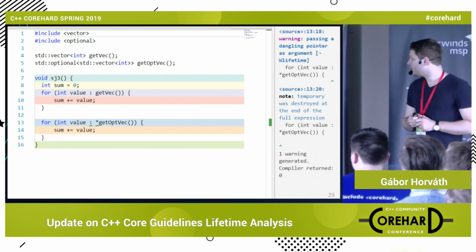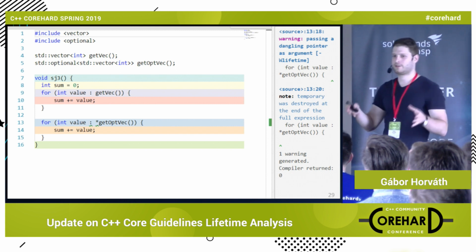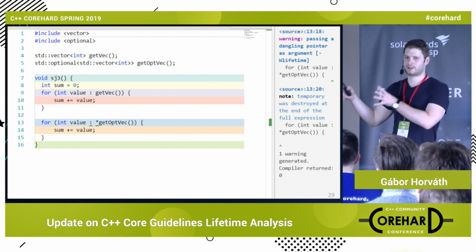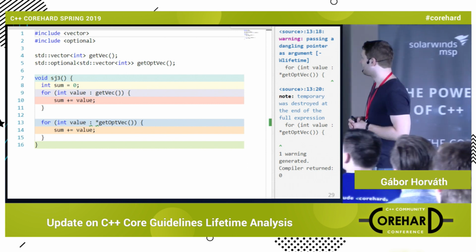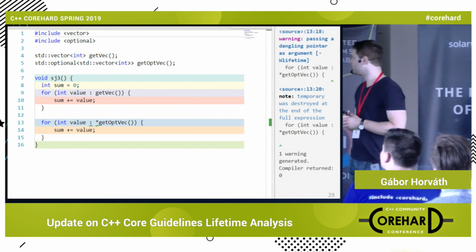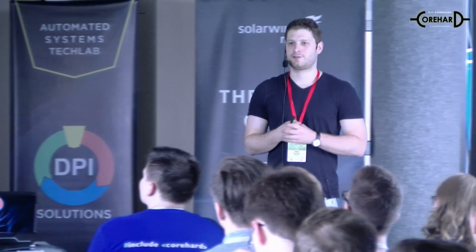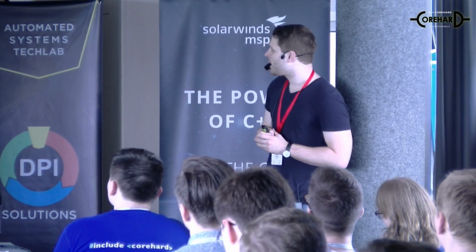So basically, due to lifetime extension rules, when we bind a reference to a temporary object, then the lifetime of that temporary object will be extended to the lifetime of that reference. So due to these lifetime extension rules, the first loop is safe and it will work as intended, no lifetime issues there.